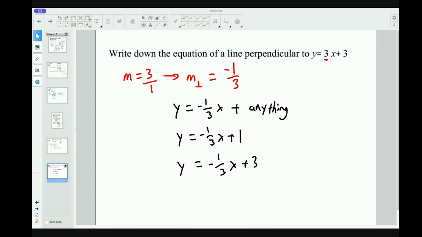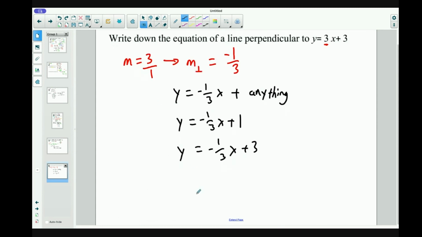So let's try another one here. Let's go with this question. So let me put it on the screen. This one has one extra step, so please be careful while you work through this one. And here we go on the screen.